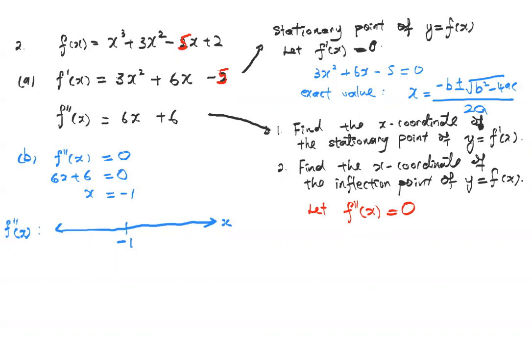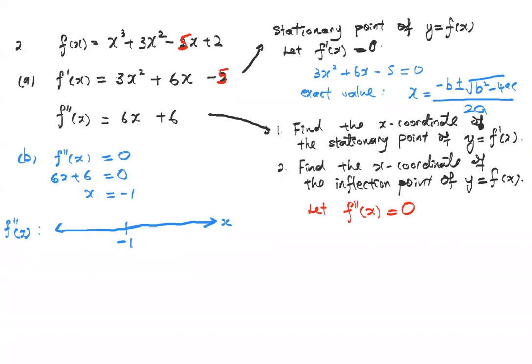Okay. So how to know the sign for f double prime x? For x less than -1, you got your graphic calculator, correct? You don't even have to bother to substitute. You just relax, key in, call out your y3. Make sure your y3 has something there.